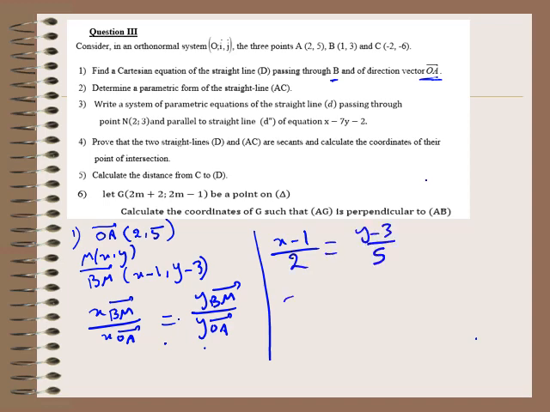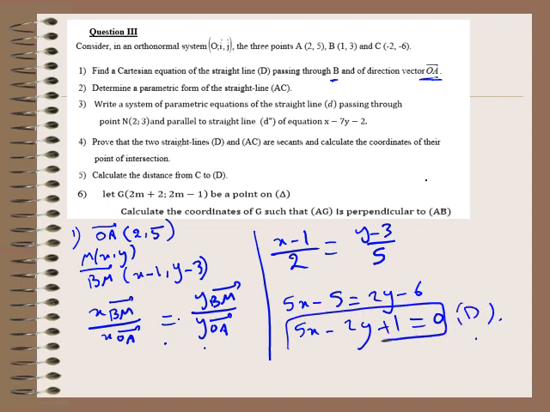Cross multiplication: 5x minus 5 equals 2y minus 6. So 5x minus 2y plus 1 equals 0. This is the equation of straight line D.